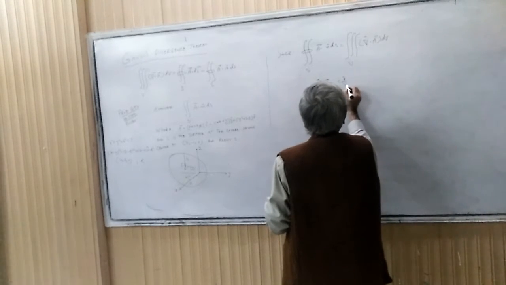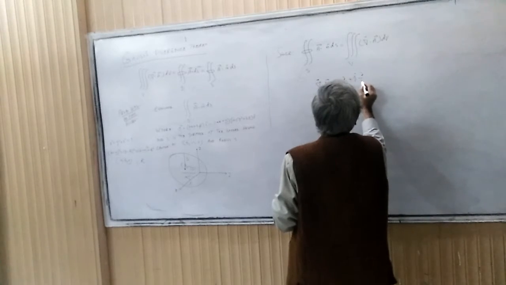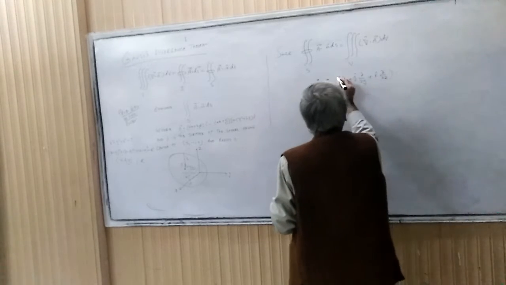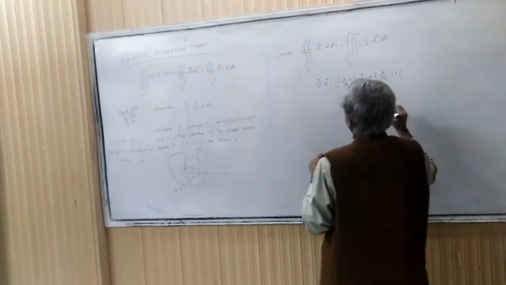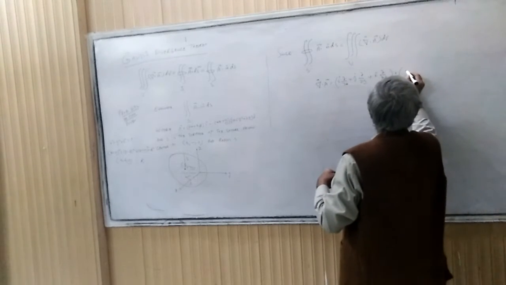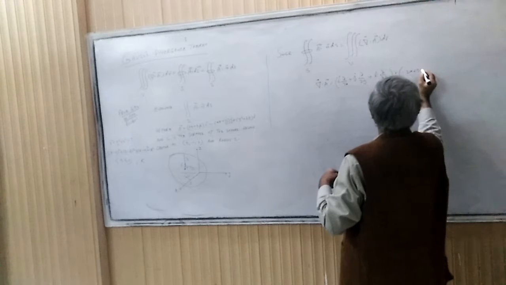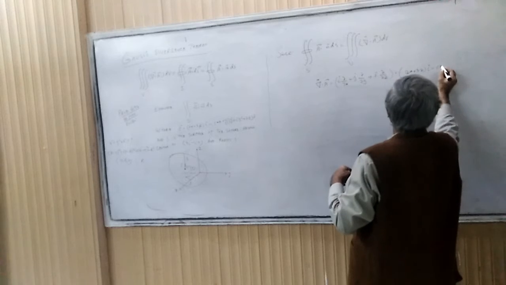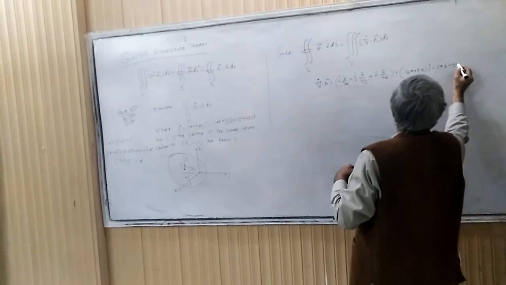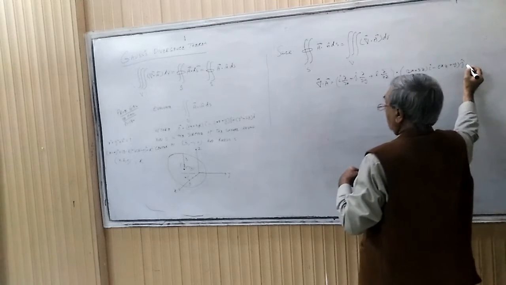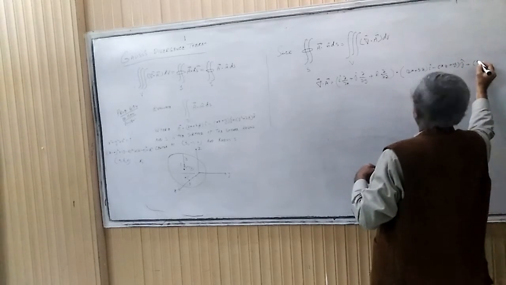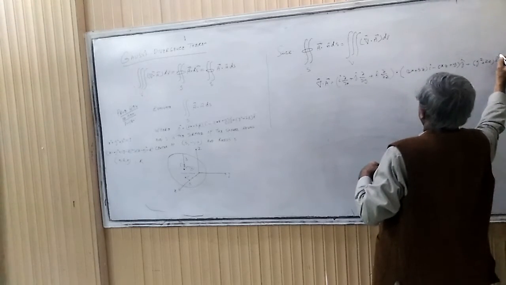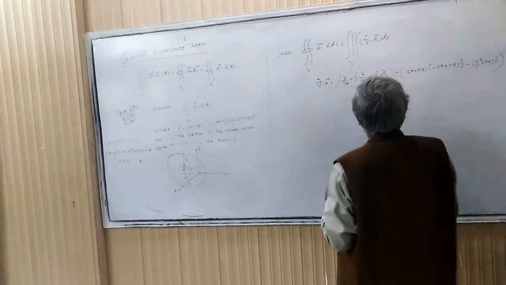therefore del dot A is equal to (i delta over delta x plus j delta over delta y plus k delta over delta z) dot A, which is (2x plus 3z) i minus (xz plus y) j plus (y square plus 2z) k, and that is bracket closed.